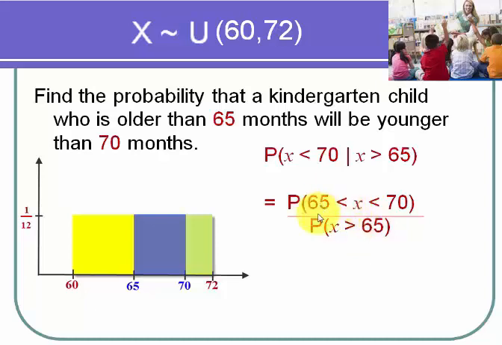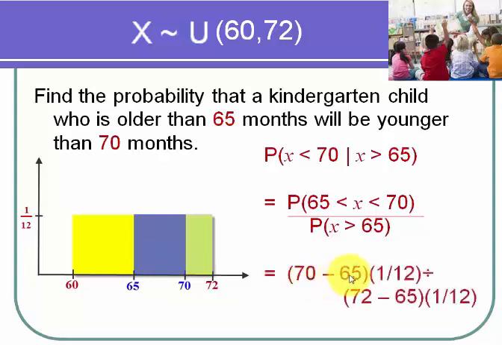Well, for the first one, the area under the curve between 65 and 70 is the base times the height. The base will be 70 minus 65. The height will be 1/12. So we get (70 minus 65) times 1/12. For the probability that X is greater than 65, that's the area of the rectangle greater than 65.